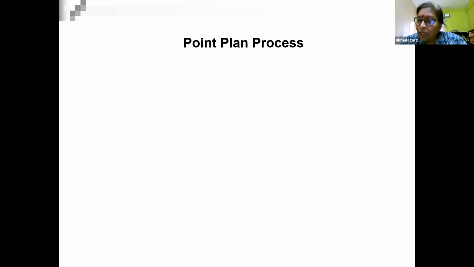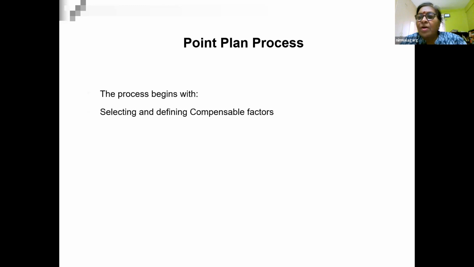Both of them were qualitative methods. Then we started off talking about a point plan method, and we said point plan method is a quantification method, which means every job will be assigned a certain number. We also said the point plan process. What is the process? The process begins with, anybody remembers?